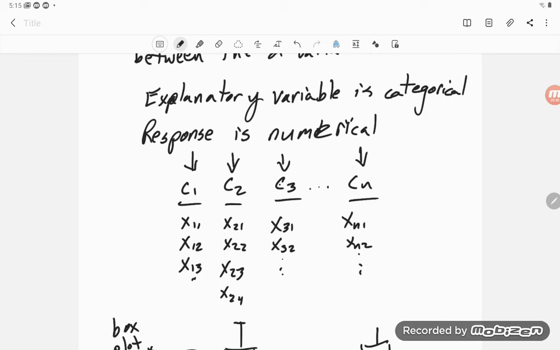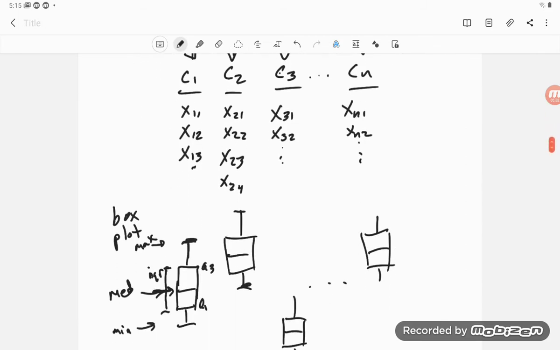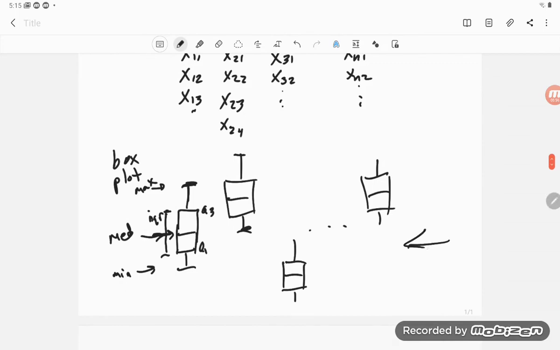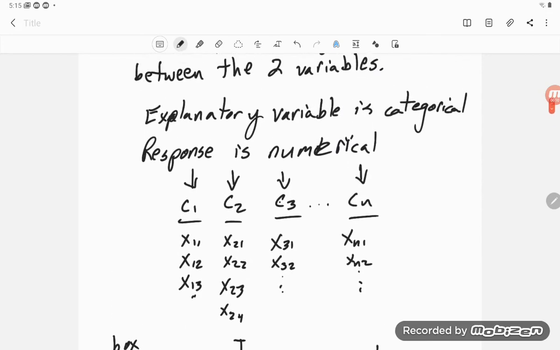Will I create a different prediction? As I look at this picture, I probably would make a different prediction, because if I'm in column 1, I would expect lower values than in column 2, but higher values than in column 3, and so forth. So it would affect my prediction.